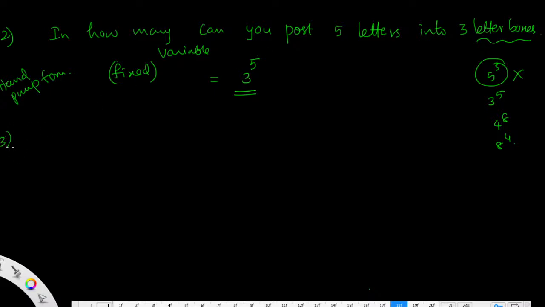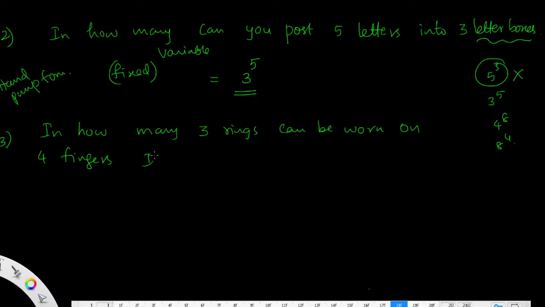In the same way, the third question is given. In how many ways can 3 rings be worn on 4 fingers if any number of rings can be worn on any finger?